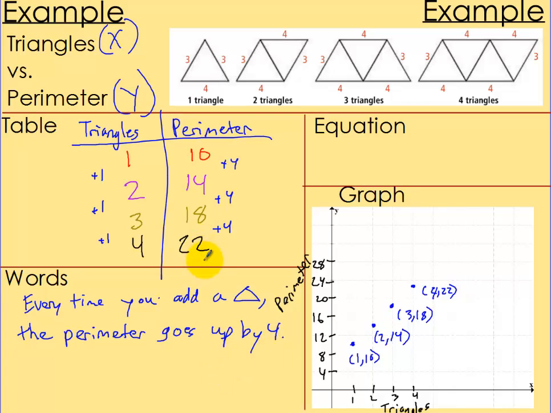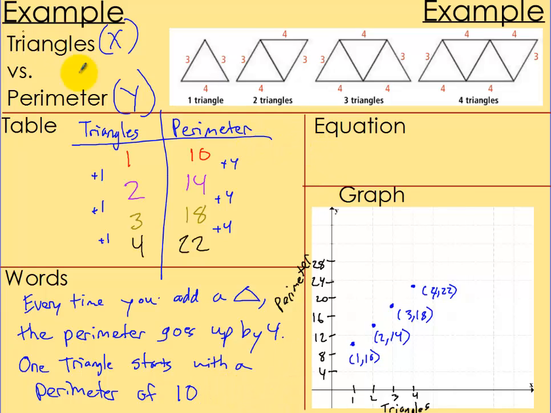Okay, so I know that's going up by 4. Maybe I say something about the initial perimeter. So I can say that one triangle starts with a perimeter of 10.